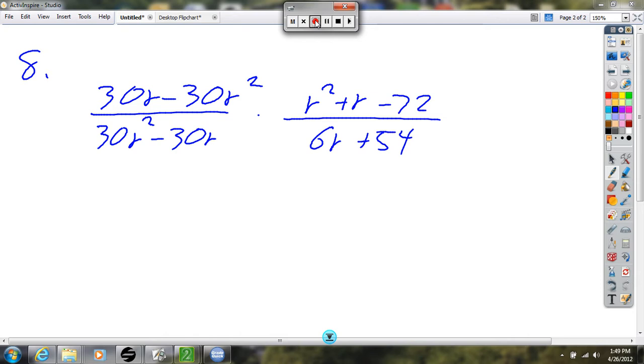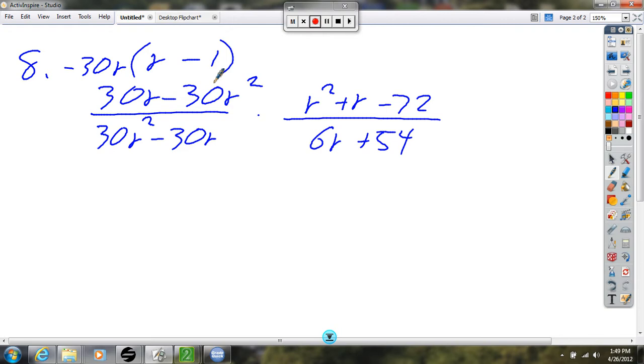And the r squared is negative, right? So we're going to reverse this. We're going to take out 30r, but we also need to take out a negative because the big one is negative. So we're going to take out a negative 30r, and we're going to write it backwards. We're going to take the negative 30r out of here. What's left? r. Take negative 30r out of here. What's left?